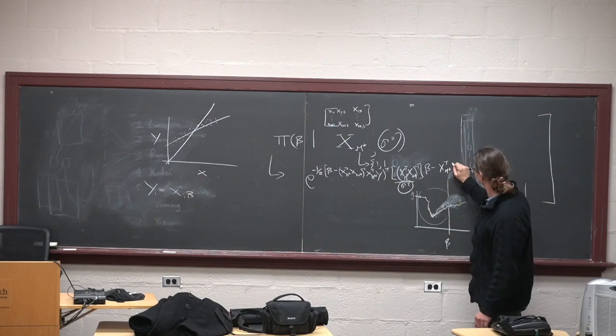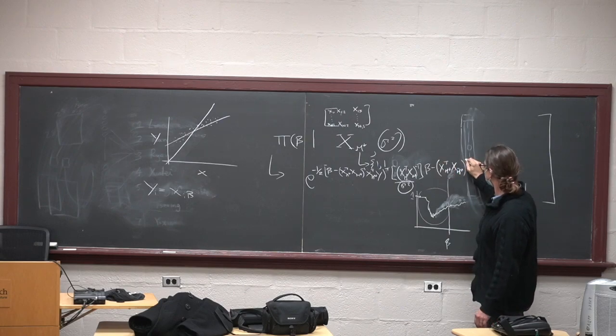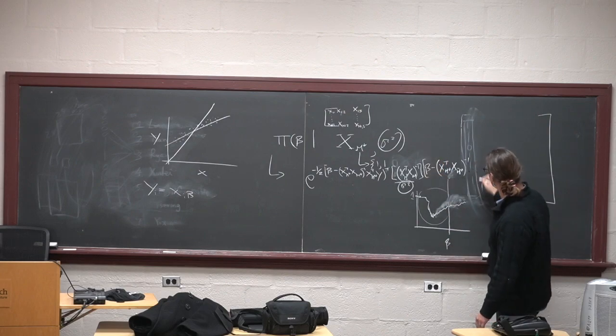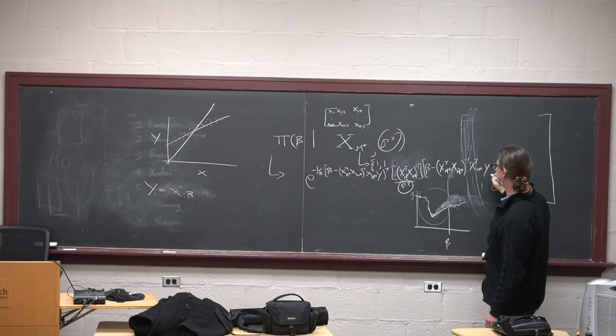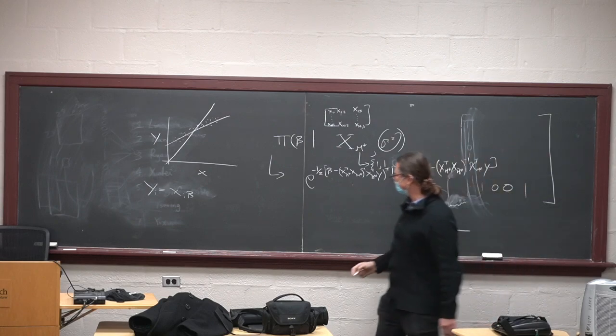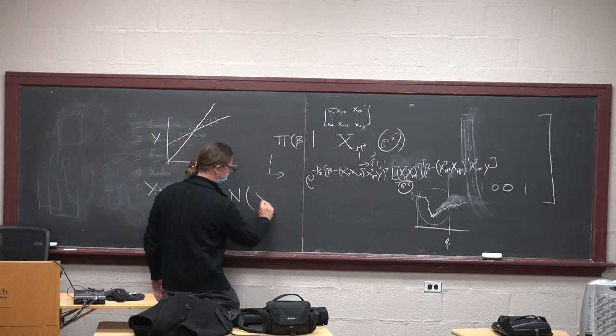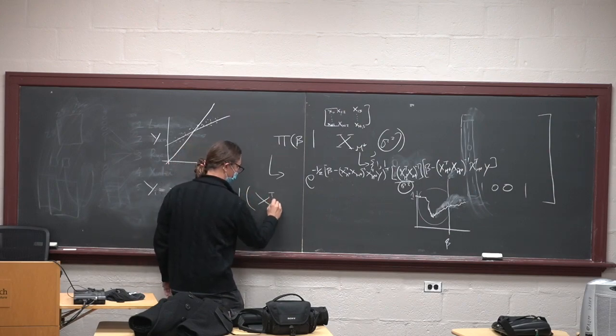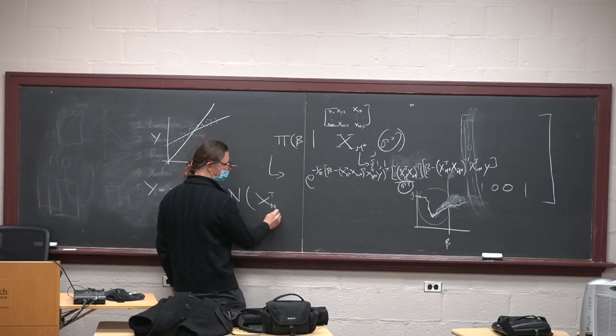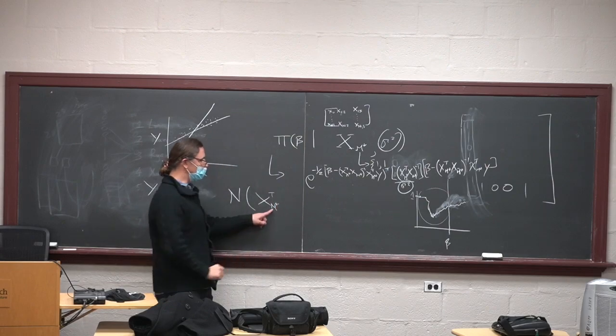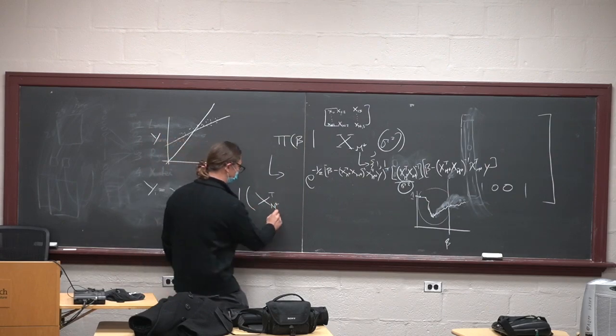X transpose X, X transpose Y. Let me just rewrite that and say you have a normal model at the end of the day with X transpose for whatever this matrix is, or these models, so you tell which X's you're using.